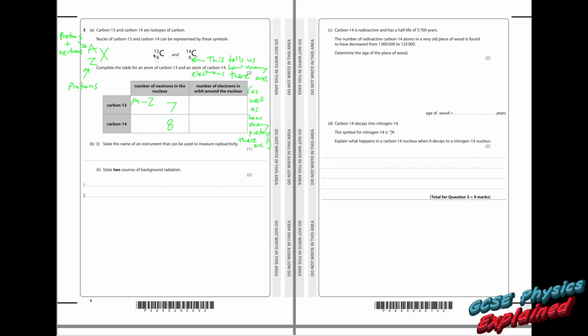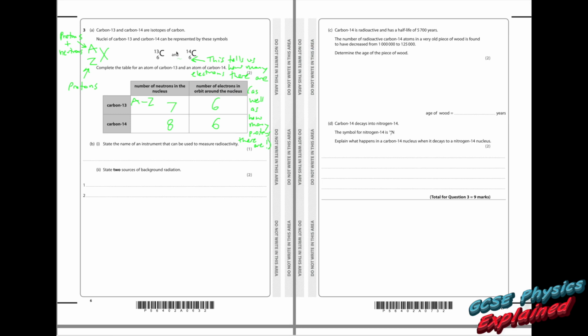So carbon-13 must have 6 electrons, and carbon-14 also has 6 electrons. Normally they would ask how many protons they've got, so they've just tried to catch you out and be a little bit clever there.